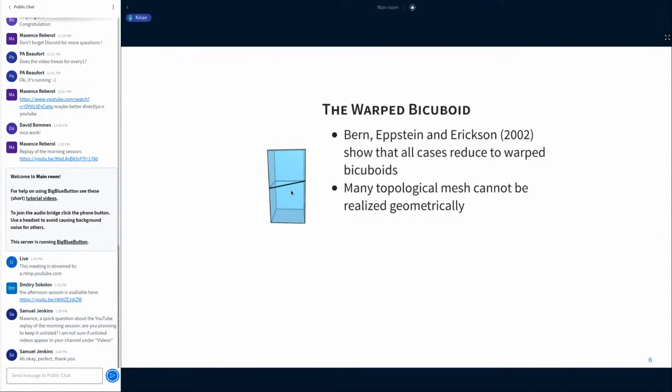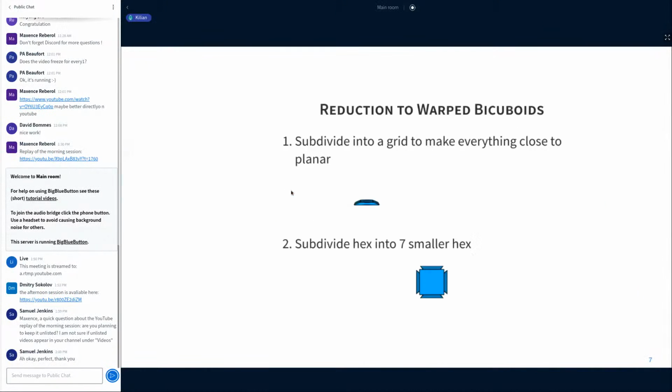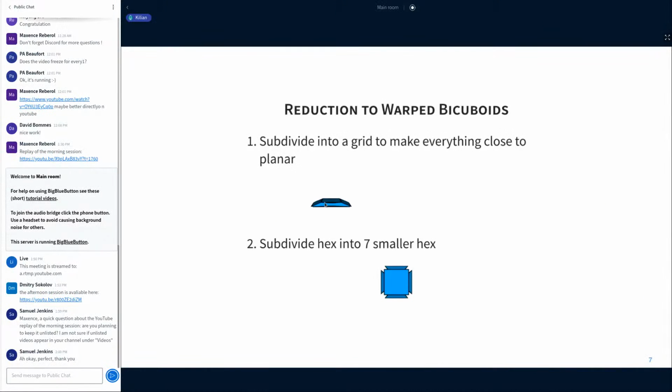What's also very interesting about the bicuboid is that if all possible bicuboids have a geometric mesh, then all topological meshes can be extended to a geometric mesh just by refining them a little bit.